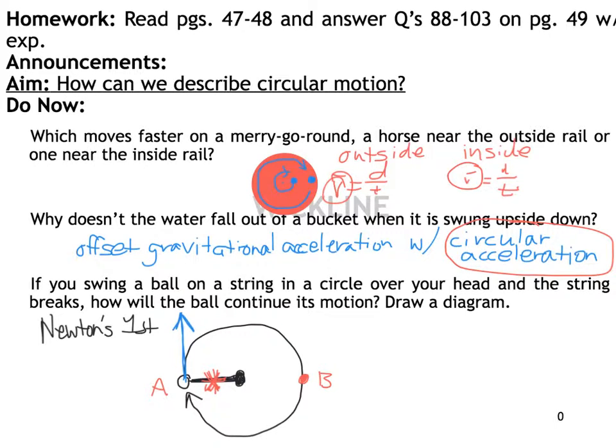Pause the video and think about it. So the ball, if it was moving clockwise, when it reached point B and then the string was cut, the ball would go this way. It would follow a path perpendicular to the radius, or you could say tangent to the curve, but generally it would continue the motion that it was experiencing at the moment that it was separated from the circle.